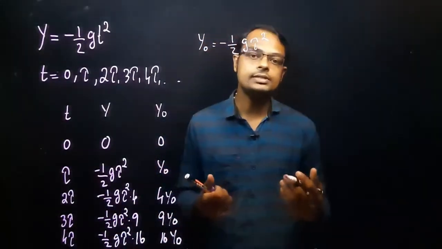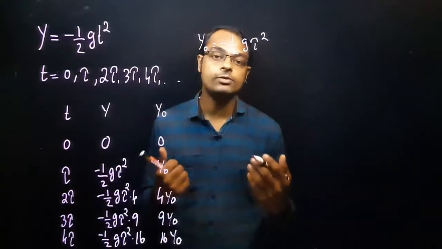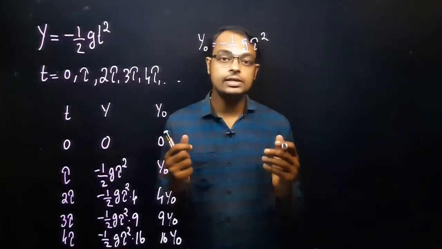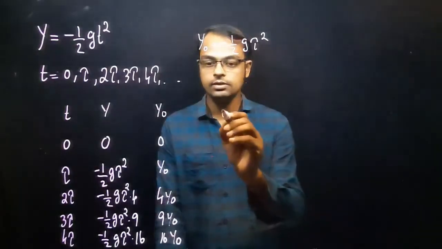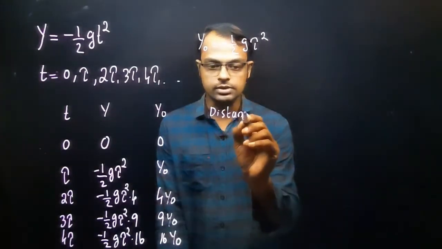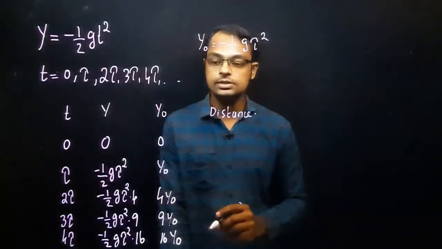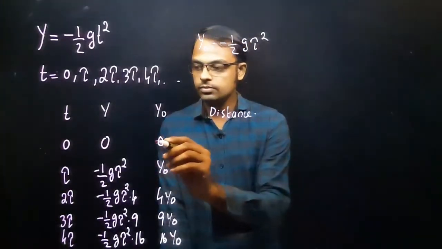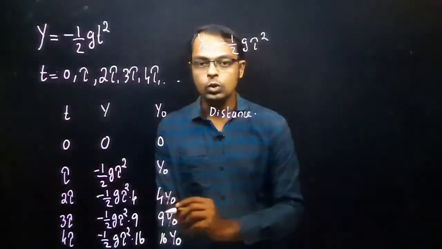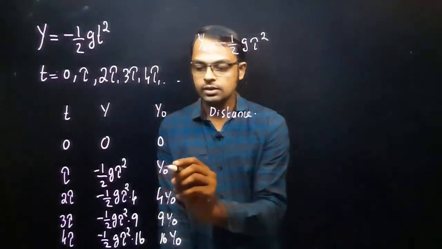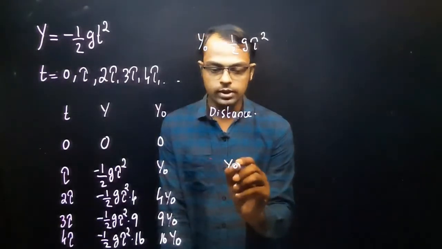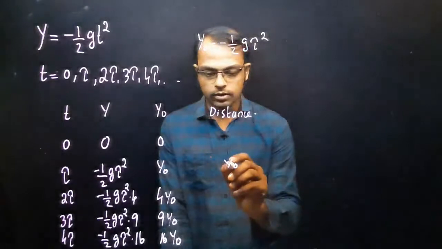Now what is the distance traversed in each interval of time? In the next column we write the distance traversed. Between 0 and tau, it is y0 minus 0, which is y0.